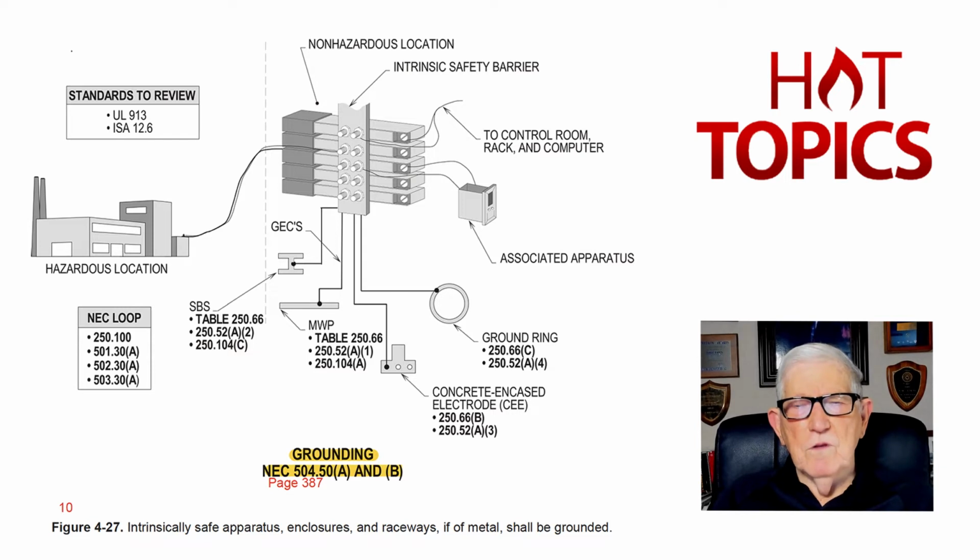You could ground to a metal water pipe that is an electrode in accordance with 250.52(A)(1), or a concrete encased electrode could be used, or even a ground ring around the building. And they do this so that they like to have a 1 ohm reading where the wire connects to the grounding electrode. Not at the barrier now, but at the electrode, they like to have about a 1 ohm reading if possible.